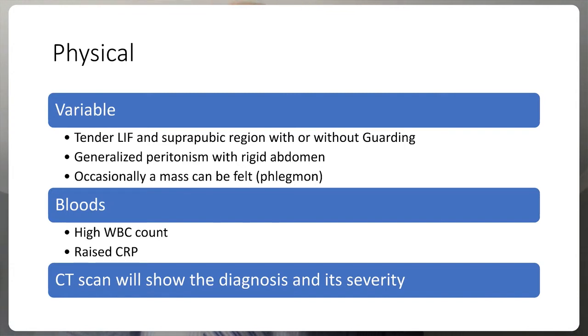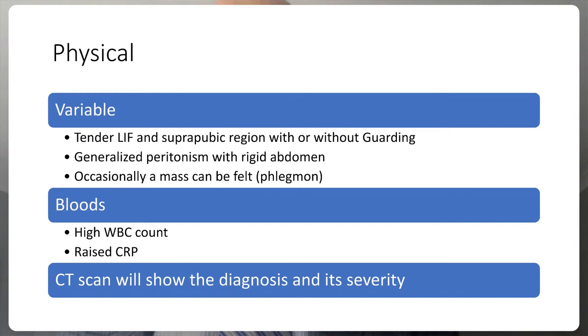That's in case of localized form of diverticulitis. But every now and then we see a patient who develops severe form of diverticulitis, which will lead to excessive peritoneal soiling, and that could present as rigid abdomen with acute peritonitis. And these are the patients that will need to have an emergency surgery.